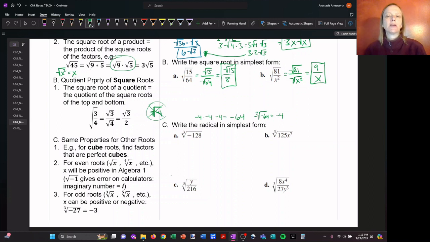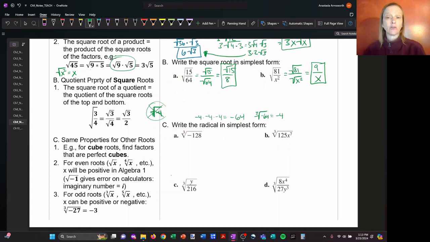So let's look at this example here. If we want to take the cubed root of a number, we're using the same process as before, except instead of looking for perfect square factors of the number under the radical, we're looking for perfect cube factors of the number under the radical.